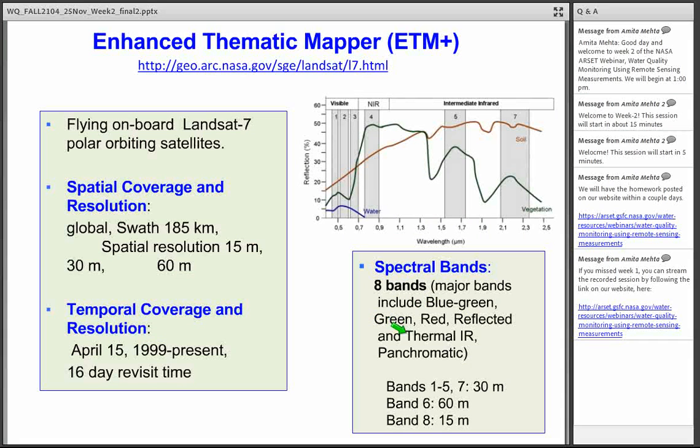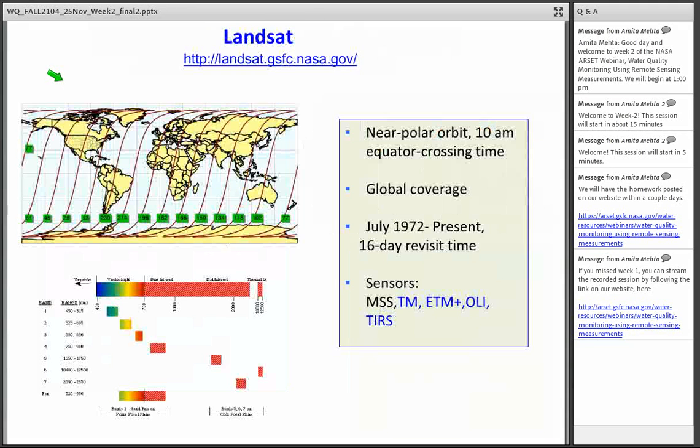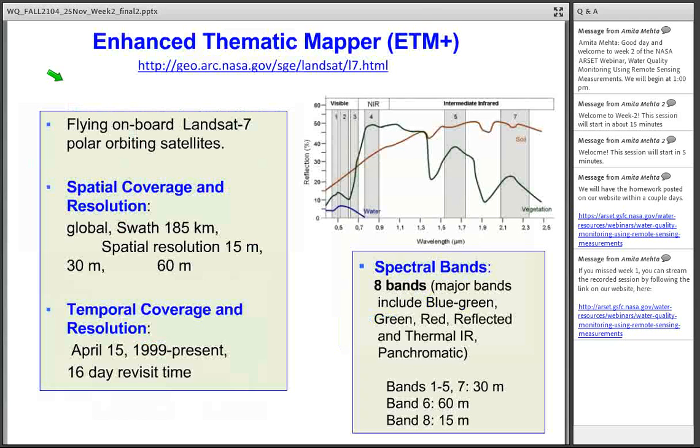Okay. So looking at sensors now, as we see each satellite we will look at will have several sensors. We are going to focus on the ones that are currently flying as well as which are useful for water quality parameters. So ETM Plus has 8 spectral bands, measuring in blue, green, red.